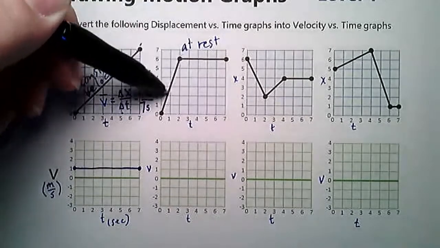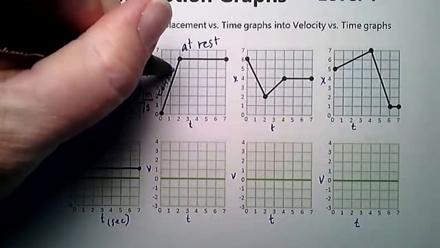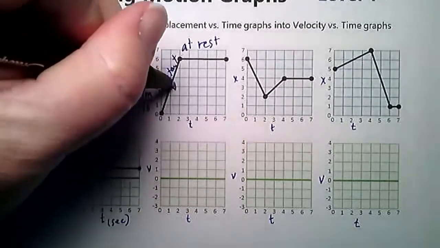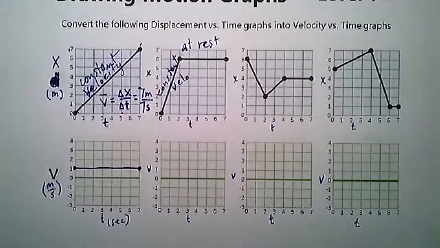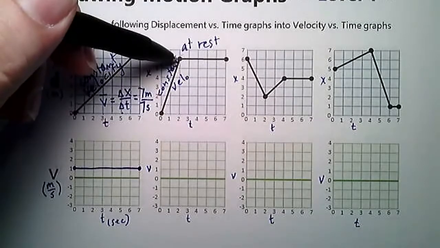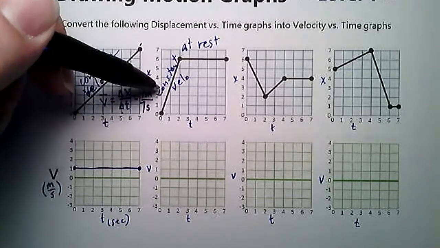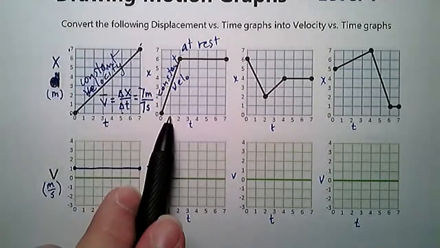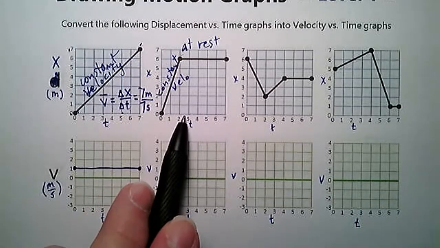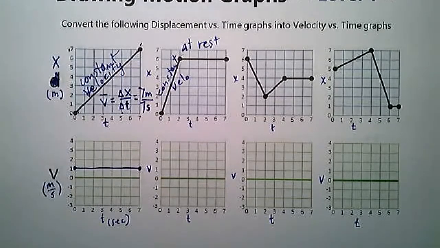So if I look at this here, this must be constant velocity. I'll just say velo. Okay, so I've got a period where I was moving with constant velocity. I know I was moving because my displacement changed each second.